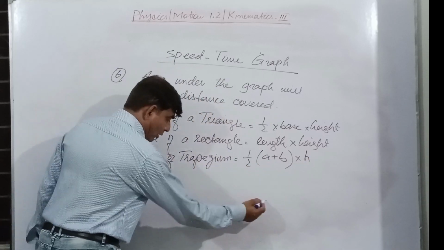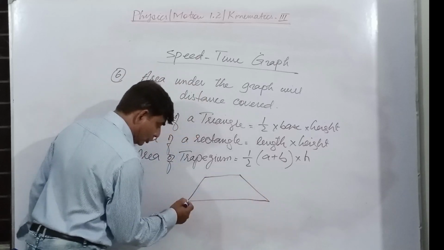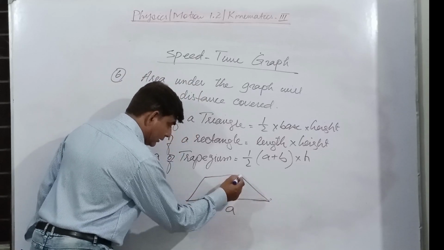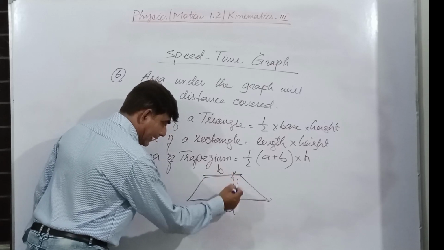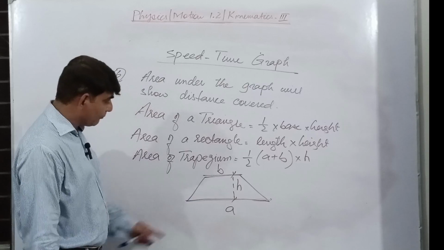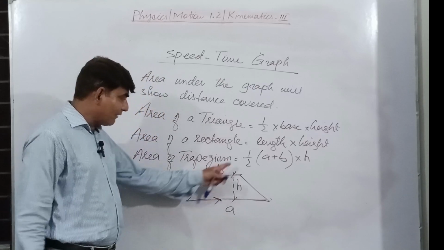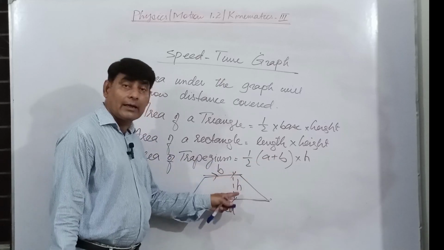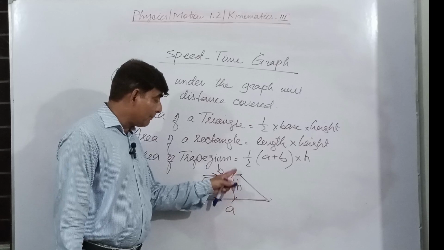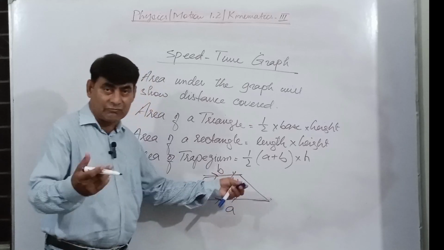For example, if I draw a trapezium like this, this length is A, this length is B, this is H. So half times the sum of these two parallel sides multiplied by the distance between them, the shortest distance between them.